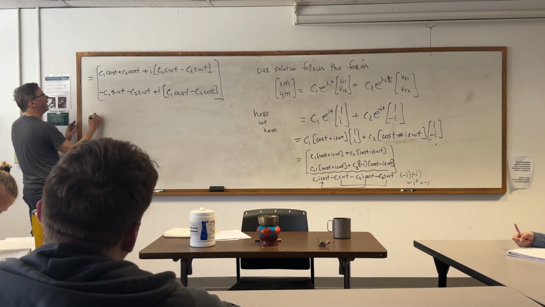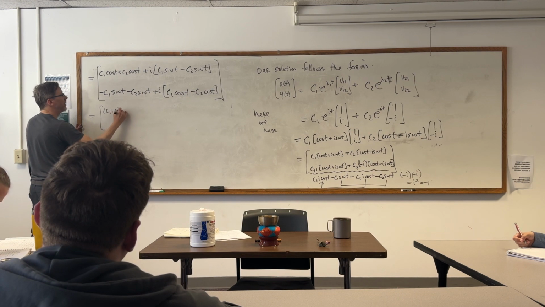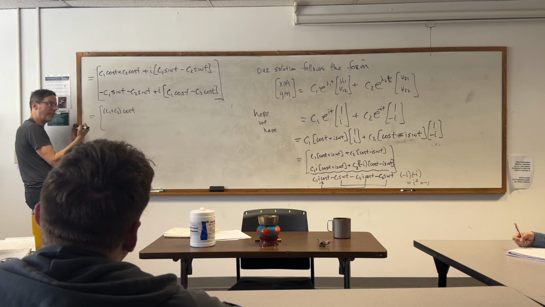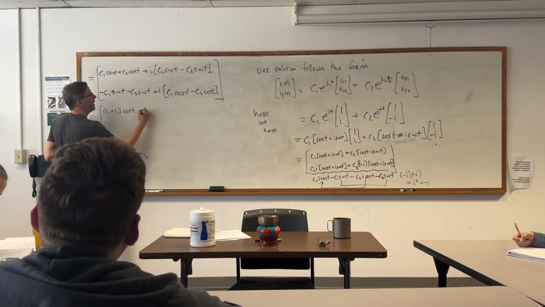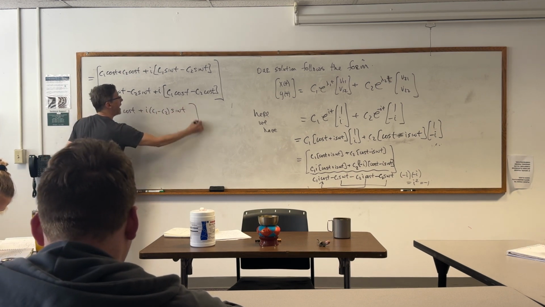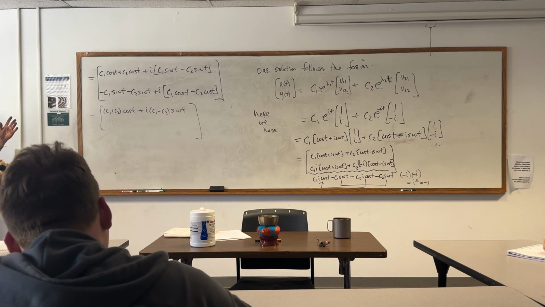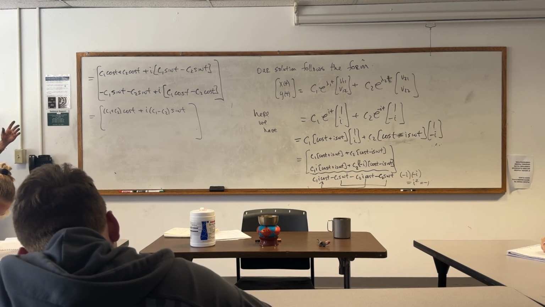So let's just rewrite this. The top one becomes (C1 plus C2) cosine of t, pretty, plus i times (C1 minus C2) sine of t. So lovely. That's how I know it's going well, because it's pretty. Most of the time when math is going well, it's pretty.